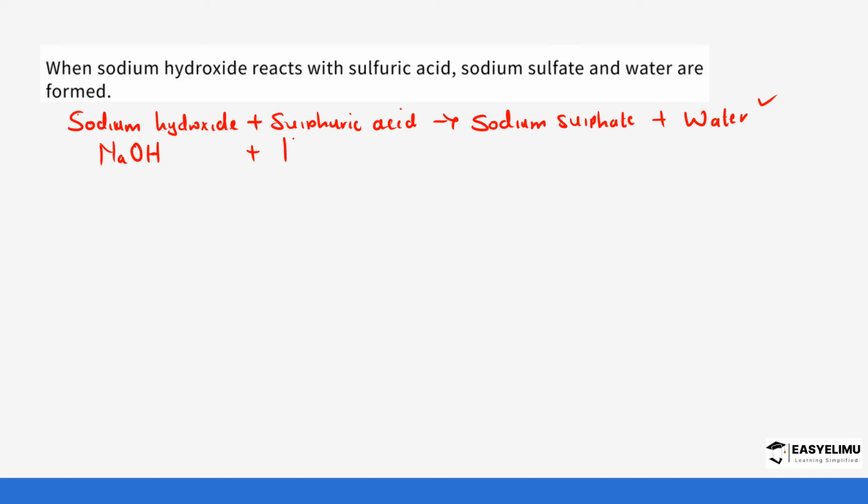Sulfuric acid is written like this. It also features in the video on acid, base and indicators. To form sodium sulfate. So sodium sulfate also is in the previous topic of forming compounds. It becomes like that. Check it out and see how we did that. And water.